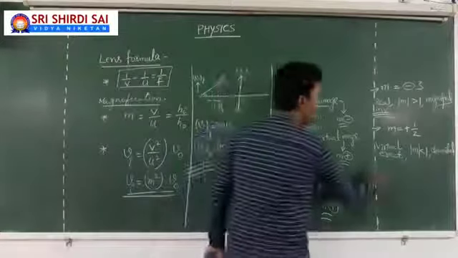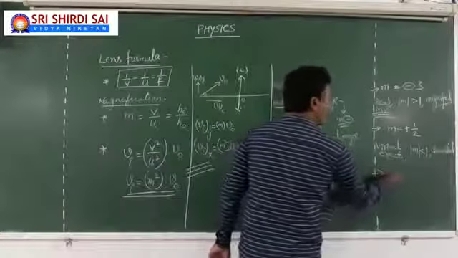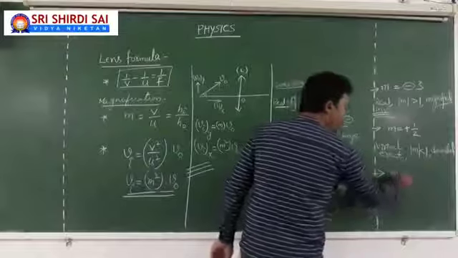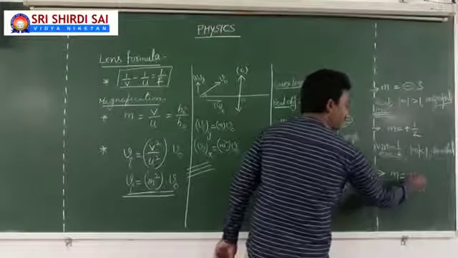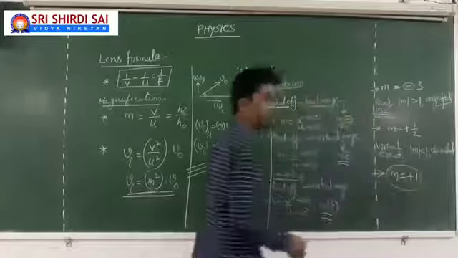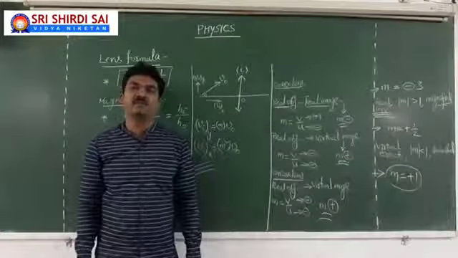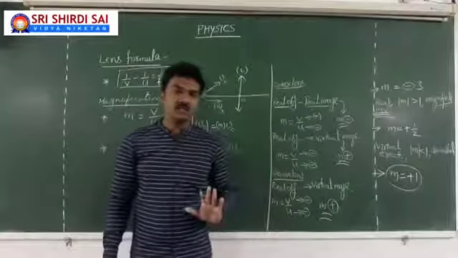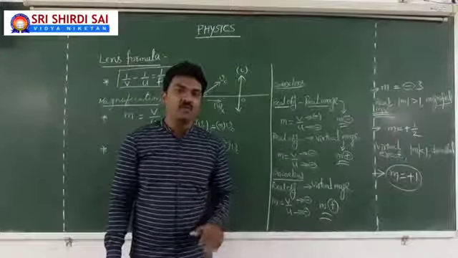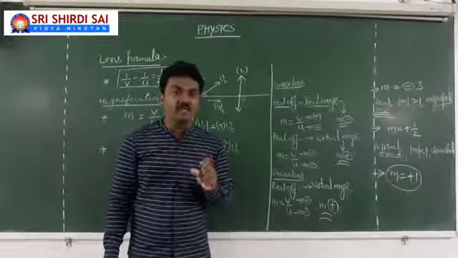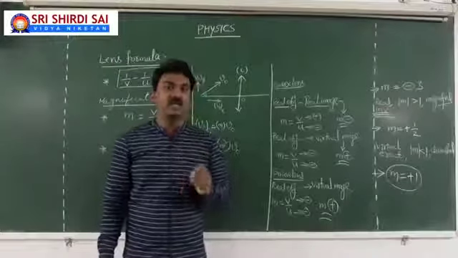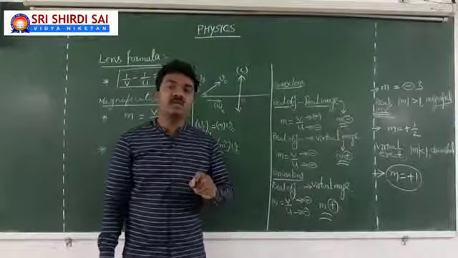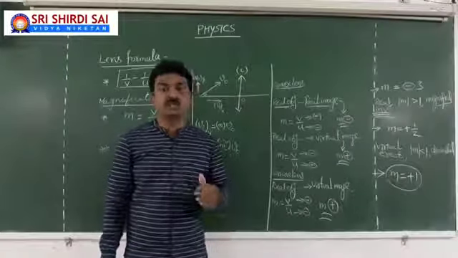See one more example. You have M equal to plus 1. Plus indicates the image is virtual. Whenever the magnification value is 1, it shows that the image size is equal to the object size.